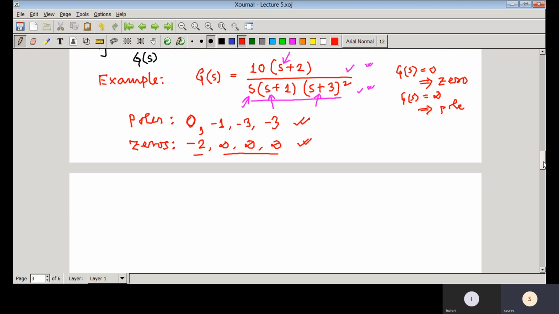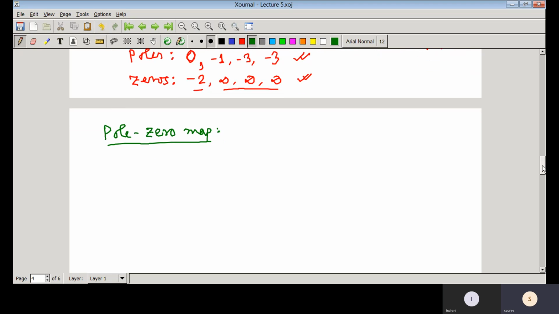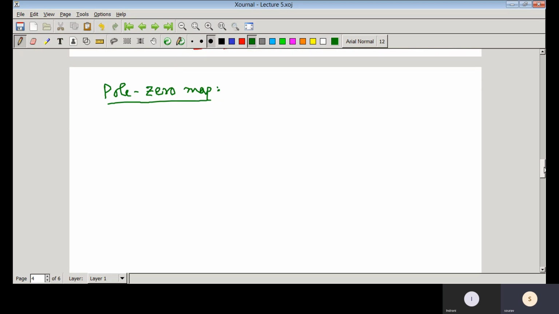you can show the location of poles and zeros via the pole zero map. So this particular map is used in control systems. From this map one can understand where the locations of poles and zeros are for a given rational function.